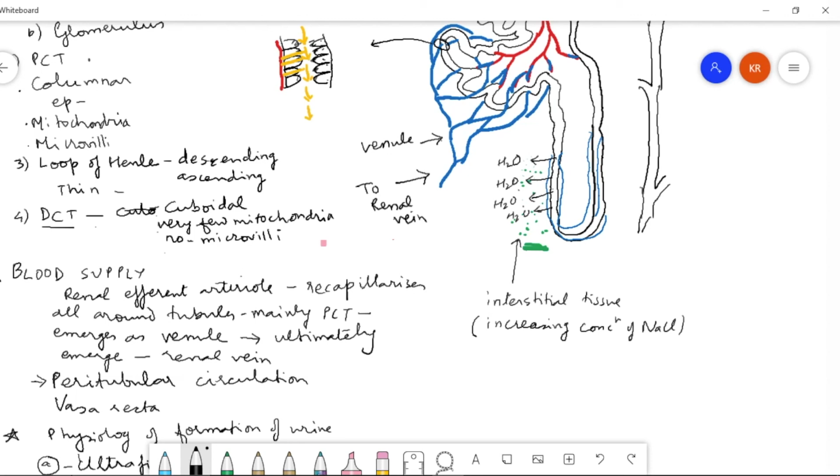Now when it is emerging back and moving upwards in the ascending limb, we just said that it is not going to allow water, but it is going to allow only NaCl to move. So from here a lot of NaCl moves out. I will just put it as Na over here because I can't show both. So a lot of this Na keeps coming up.